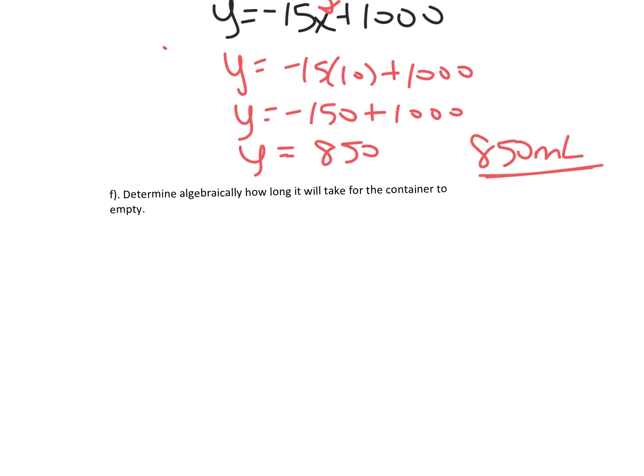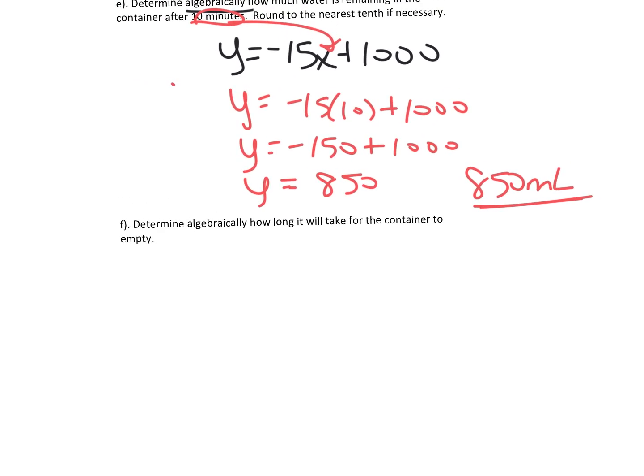And finally, part F, determine algebraically how long it will take for the container to empty. So you have to sort of stop and think to yourself, for it to be empty means that my amount of water remaining is 0. That means that my y, or my v, I should keep using v, is 0. So 0 equals negative 15x plus 1,000, and we're going to figure out how many minutes that is. So I'm going to subtract 1,000.